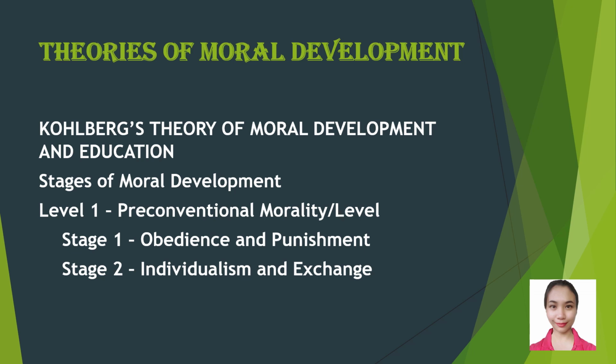So, in order for the child na magkaroon ng 5 stars, dapat maayos niyang maisulat yung letter A. So, doon naman sa part ng teacher, at least meron siyang assurance na natuto yung mga bata na magsulat ng maayos ng letter A. So, that is for the level 1 class, pre-conventional morality level with 2 stages.